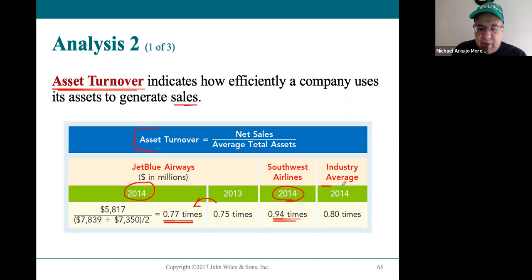Compared with the industry as a whole in that same year, roughly 0.8 times, they're generating about 80 cents on each dollar in terms of a sale. So clearly, JetBlue is very similar to its competitors in the industry, but Southwest, got to tip your hat to them. They're doing an awesome job.